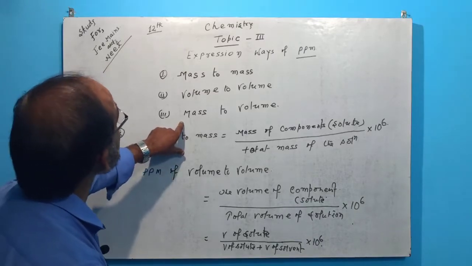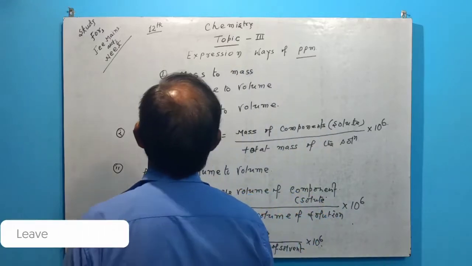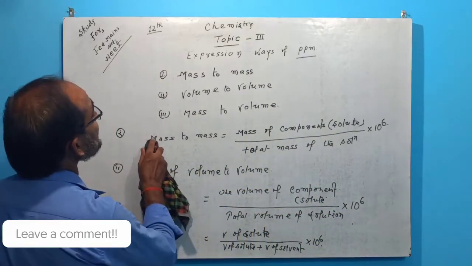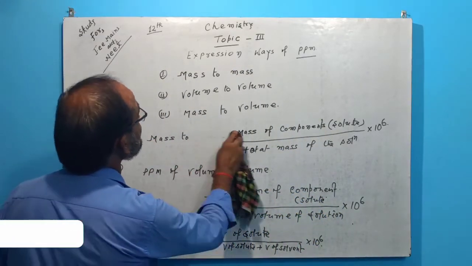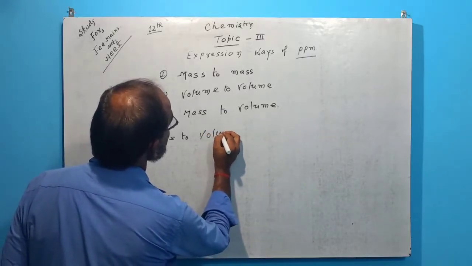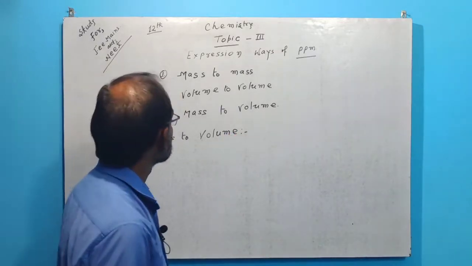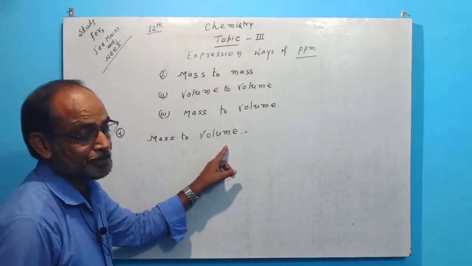The third way to express ppm is mass to volume.